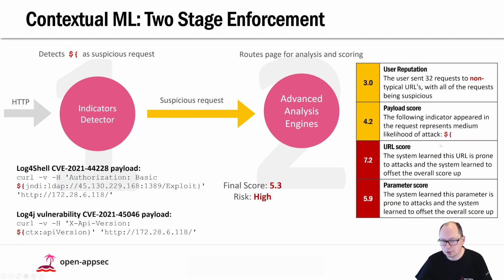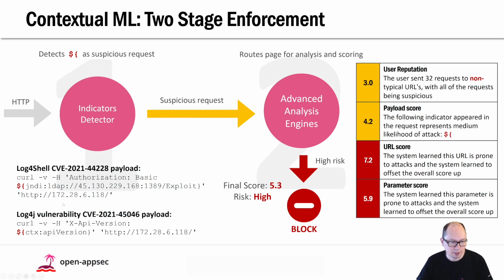So based on the full context with all those different perspectives, the conclusion is that the final score of 5.3 leads to a risk assumption of high, and therefore this attack is blocked as it's considered high risk.